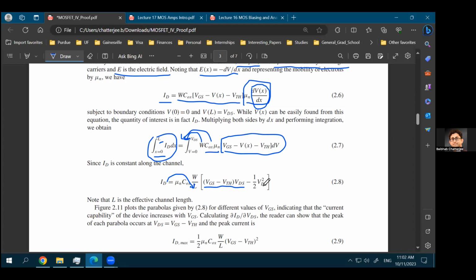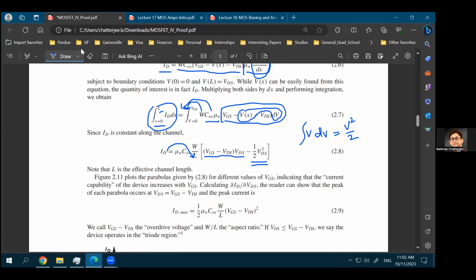So integration of V dV is V squared over 2, right? We are using that formula for this term, when you are trying to integrate V dV from V equal to 0 to V equal to VDS. And when you put those values, you'll get this minus half VDS squared.